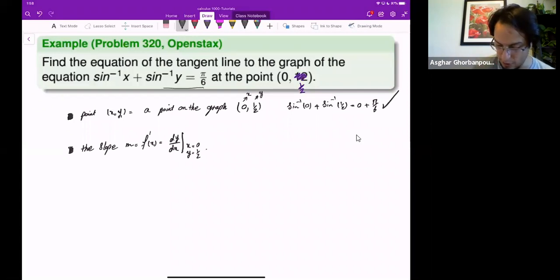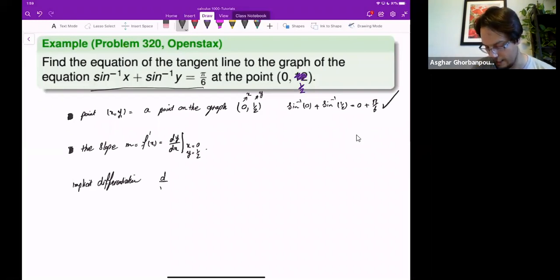Okay, we have to find the derivative. When I look at the equation, it's not the regular explicit differentiation. This is where implicit differentiation comes in. Implicit differentiation always starts with differentiating both sides of the equation.